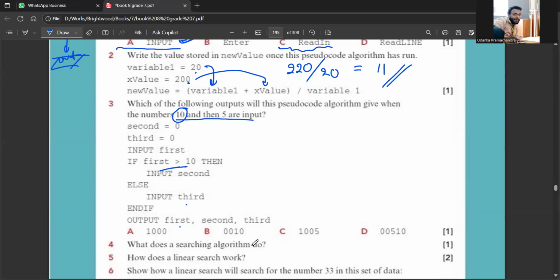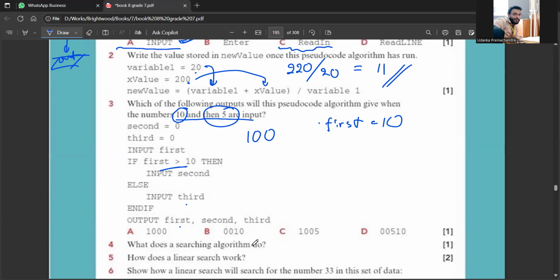First is 10. Second is what? 0. Third should be what? First of all, what are the inputs? Look at it, this may be complicated. In the beginning, input first as 10, and then 5.